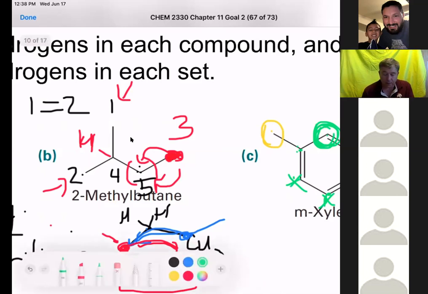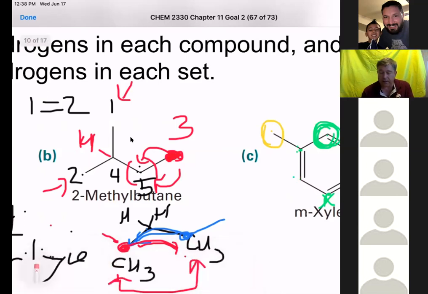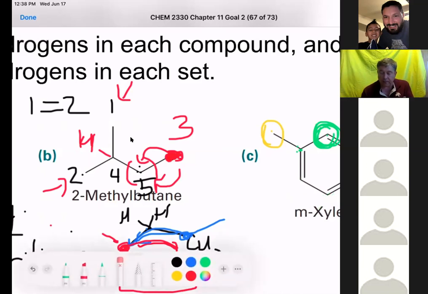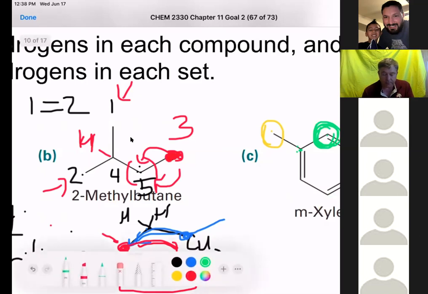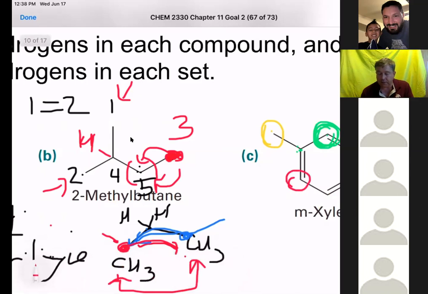Okay, since that green one is now different than these other 2, let's look at the last remaining 3 hydrogens we have. This hydrogen doesn't look like that hydrogen because it's next to a methyl group. This hydrogen looks like that because it is next to a methyl group. So that's a different type of hydrogen, okay?